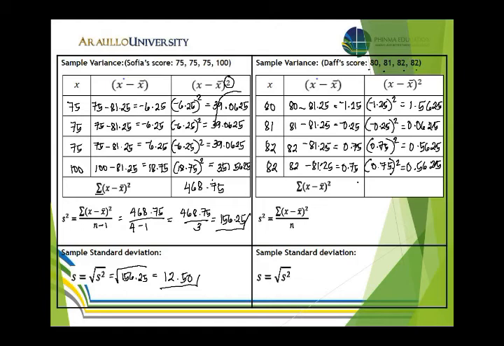Okay, same process. I-add lang natin yung result. So we have 1.5625 plus 0.0625 plus 0.5625 plus 0.5625 is equal to 2.75. Okay, minus 1 again.